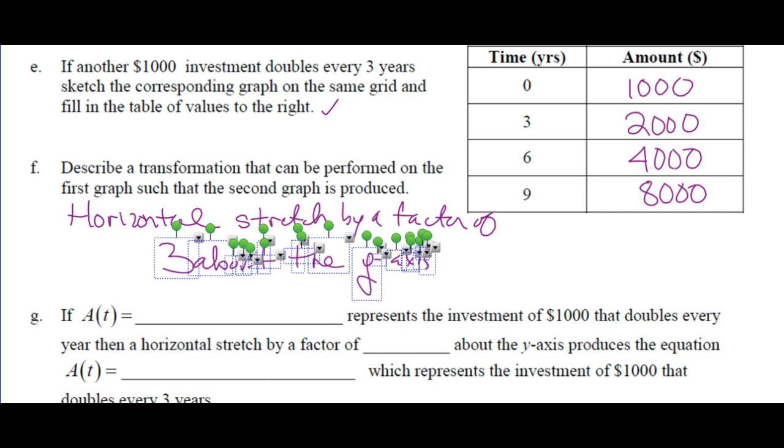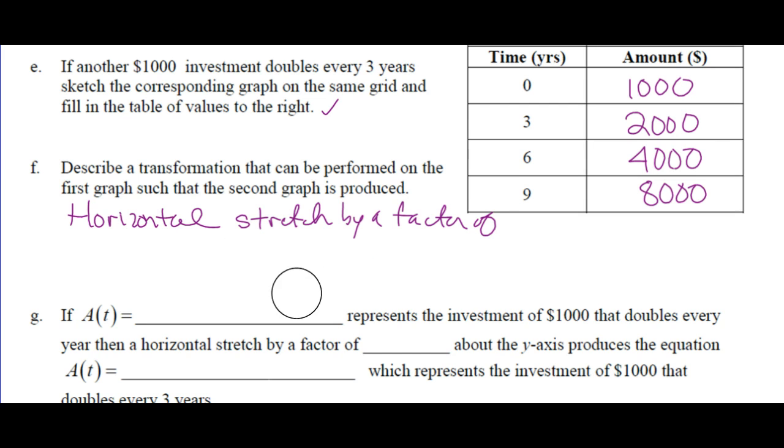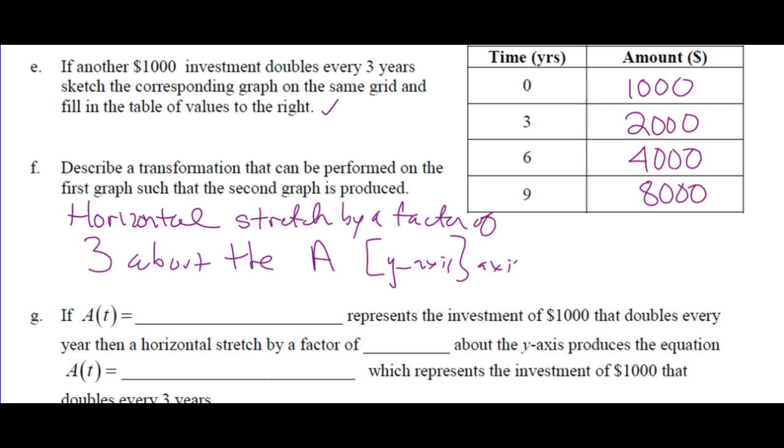After you write this whole thing in G. Okay, so we're still going to describe it. Horizontal factor of 3 about the, so, but it's about the a-axis, right? But we'll call it the y-axis in brackets there. Yeah. Can we go back to like the formula?